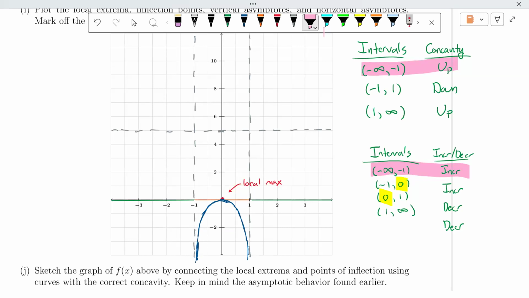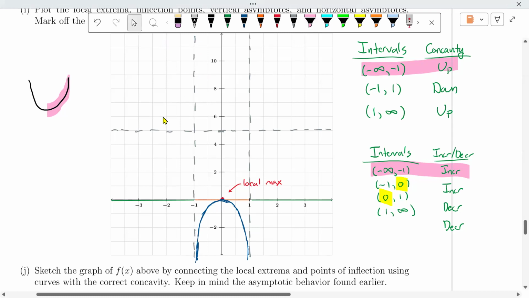So if I draw, just on the side here, a concave up shape, I can see that the only shape I need is this increasing part. I also need whatever curve I draw to have 5 here as a horizontal asymptote, and this vertical and -1 here as a vertical asymptote.